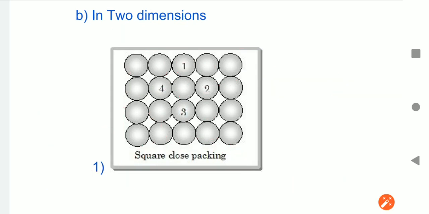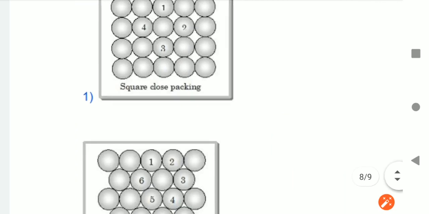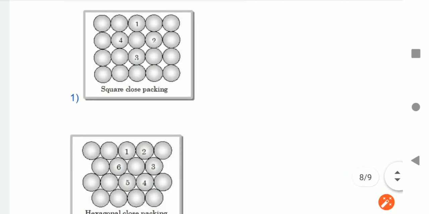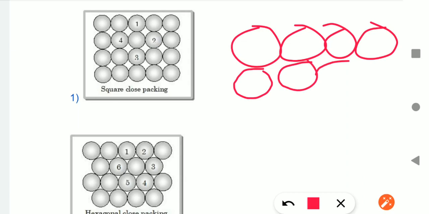In two dimensional packing, one more possibility is there, because we are using two axes. For example, along the x axis, I have two methods to put the spheres on the y axis. First, I can put the sphere just below the first layer. If you call the first layer A, it will be A again, with no change in the pattern.